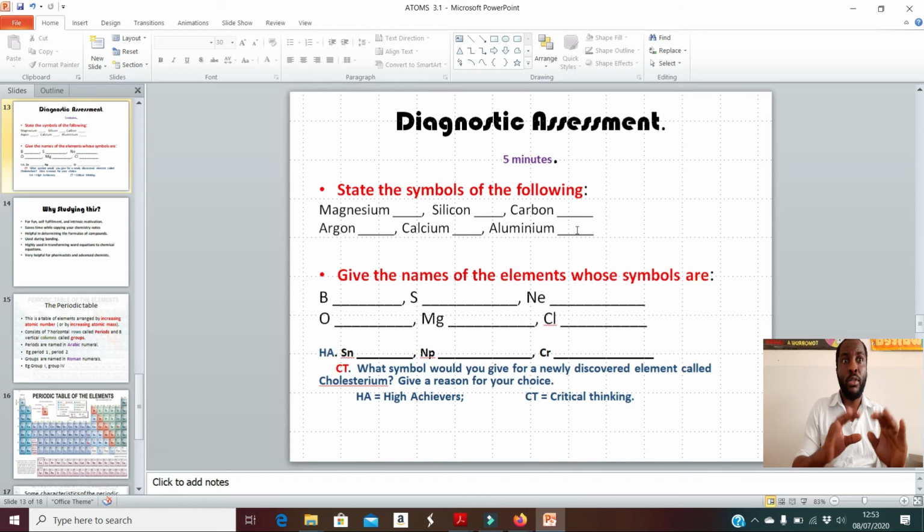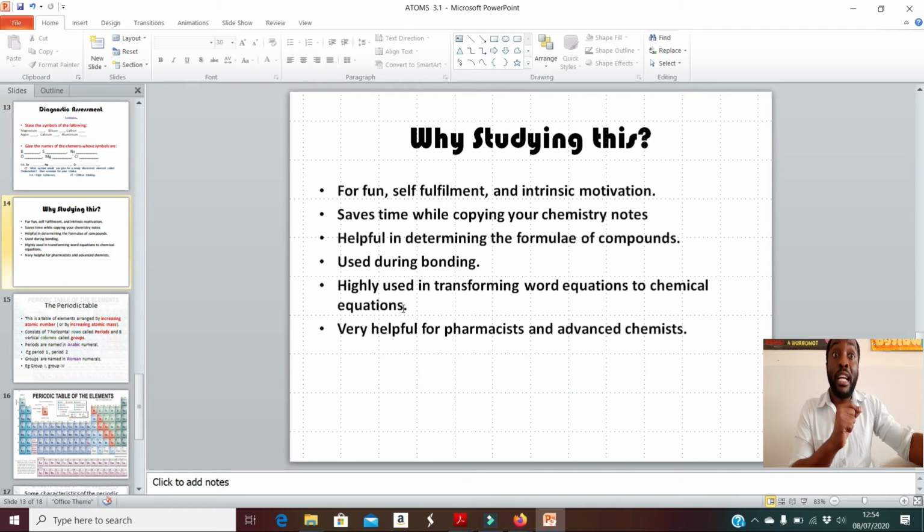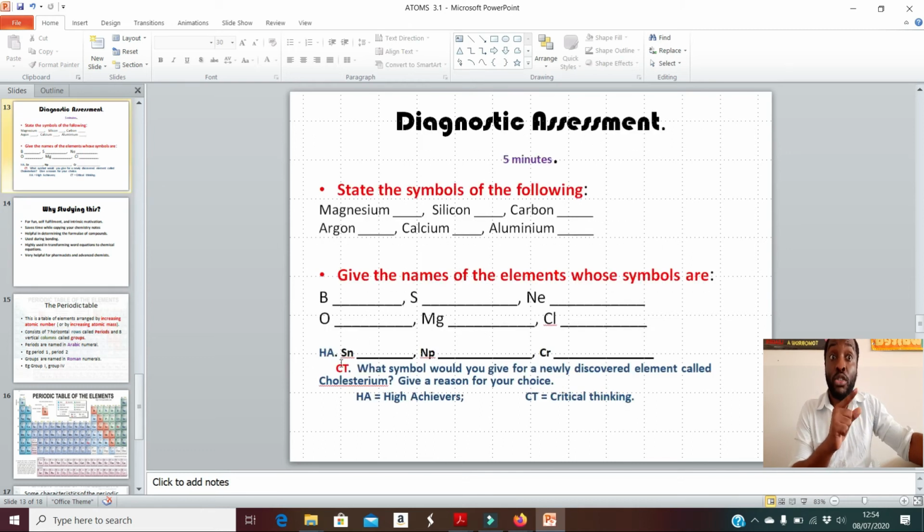It's just going to take 5 minutes, and you are supposed to give us the symbols of the 6 elements, and also tell us the names which harbor the symbols. Now, for the high achievers, we expect you to tell us the names of elements whose symbols are capital S, N, NP, etc.